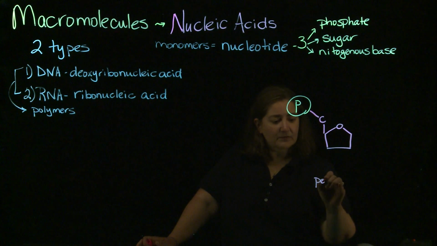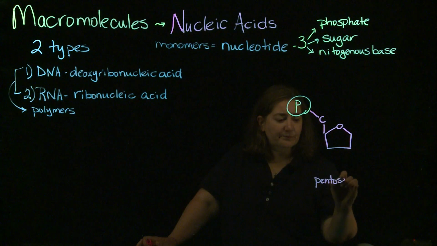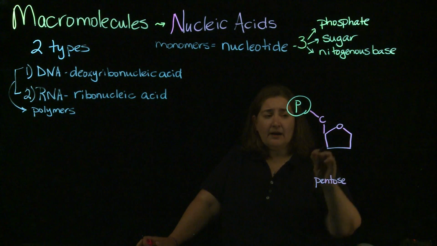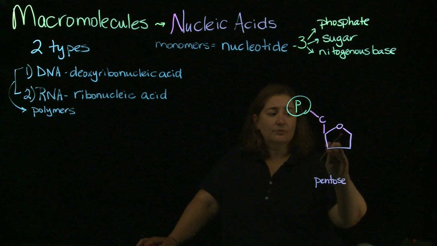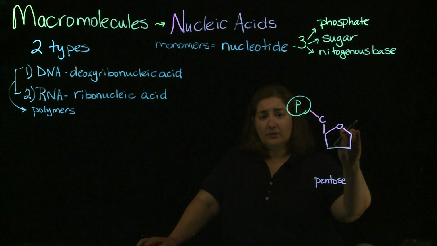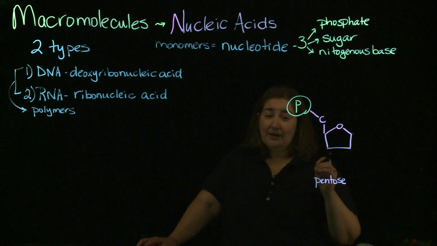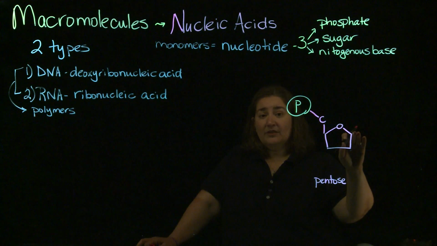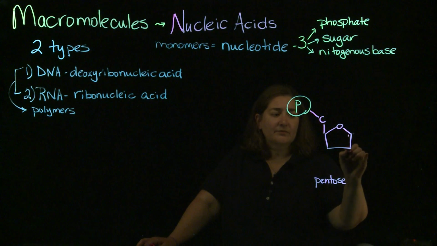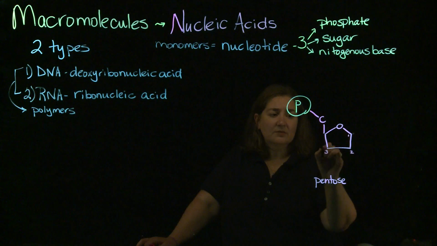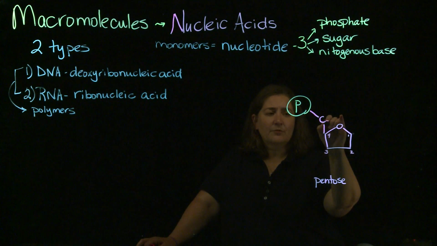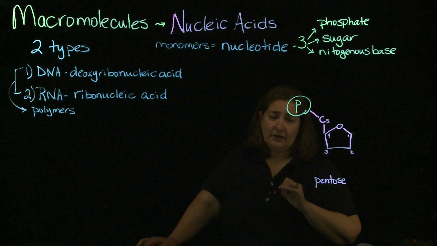Pentose meaning 5, so we've got 1, 2, 3, 4, 5 carbons associated with it. I should have actually counted the other way, because the way they're numbered, this is the number 1 carbon, this is number 2, this is number 3, this is number 4, this is carbon number 5.